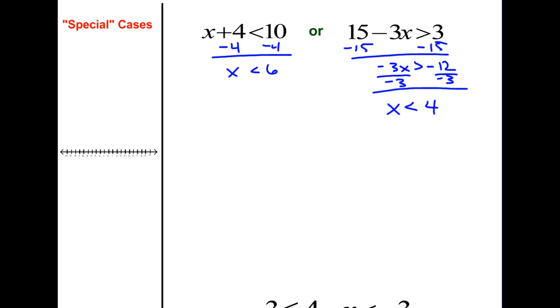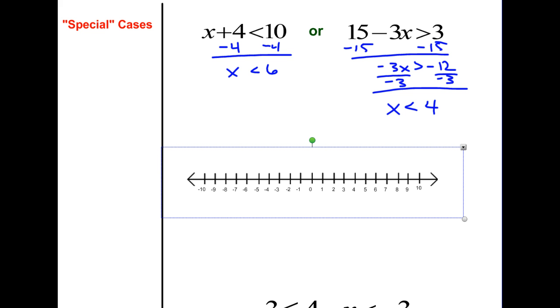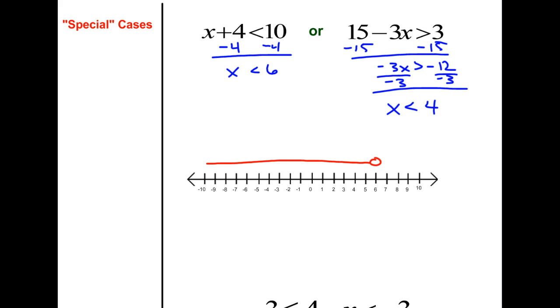Now if we go to graph this, watch what happens. We're going to end up with x is less than 6. So here's my 6. It's going to be an open dot, and we're going to go this way. Now when I graph my x is less than 4, we're going to go to 4, and again, we're going to go that way. So really, there's kind of a trick to doing this.